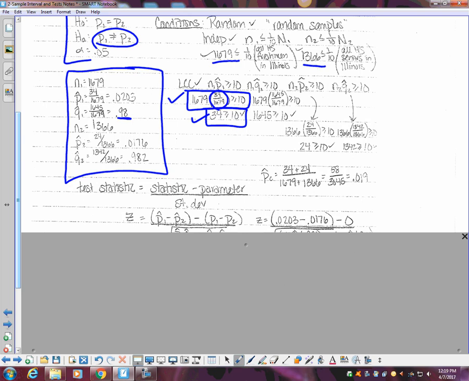Now this is a proportion test, so I have to pool it. So here's top number plus top number over sample size plus sample size. And that gives me my pooled, notice it's P hat sub C. And they want to see that.